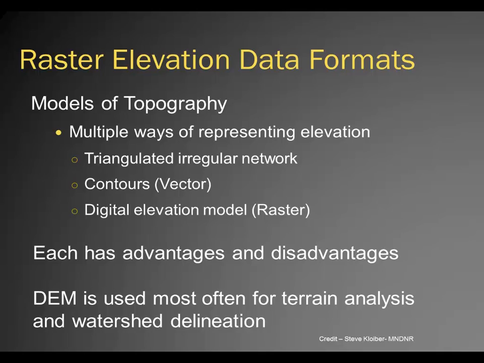There's a third kind that we're not going to deal much with, and that's a triangulated irregular network, a TIN. It's a combination that represents the continuous surface of a digital elevation model in a series of vector triangles. It's often used in 3D animation because it's very quick to render that three-dimensional surface.